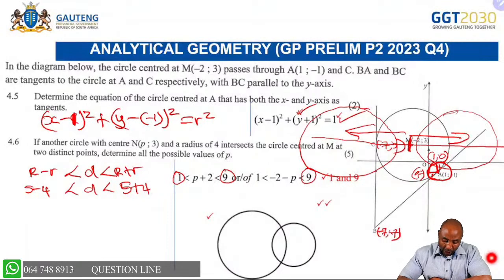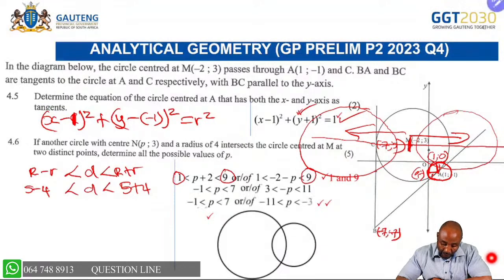Now, we are going to form those inequalities. We substitute our 1 and 9. And when we simplify those inequalities, you'll find out that our p will be between -1 and 7, or our p will be between -11 and -3.